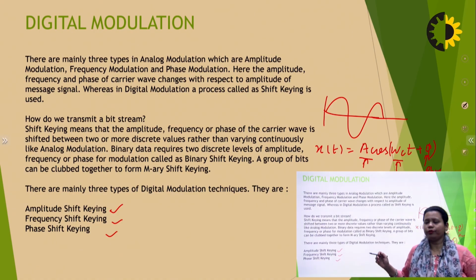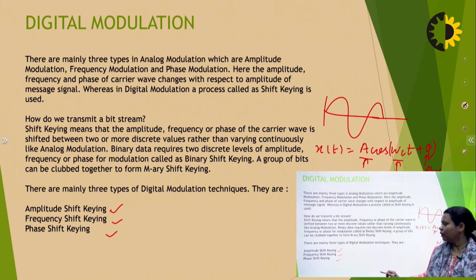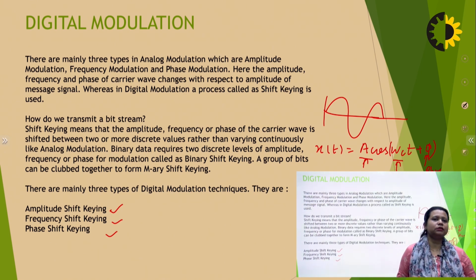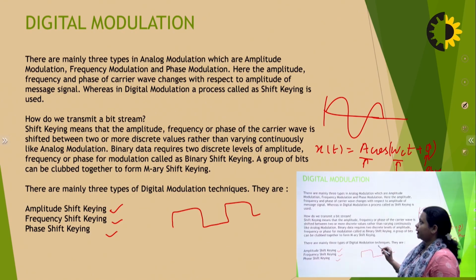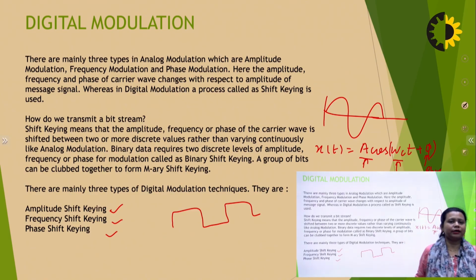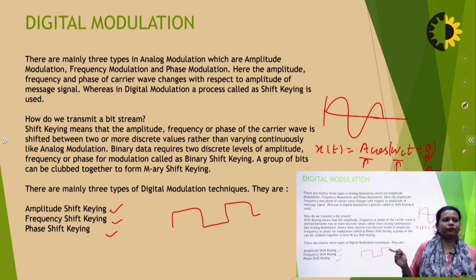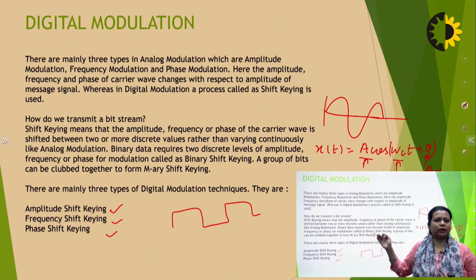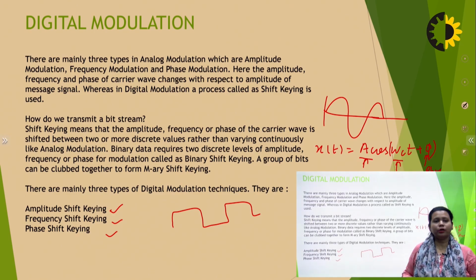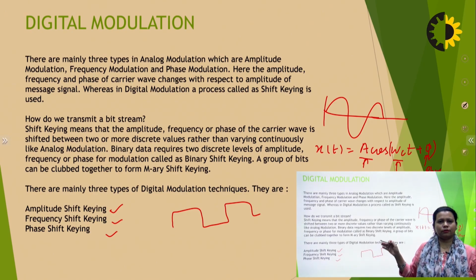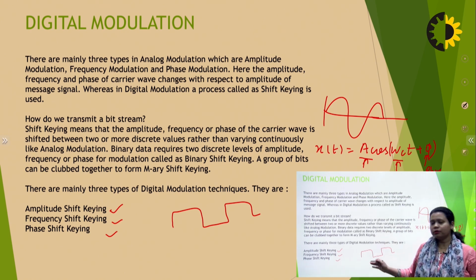Shift keying means that the signal is digital, since it is a digital modulation technique. If your message signal is purely analog, then it is amplitude modulation, frequency modulation and phase modulation, which you must have studied in your communication system course in second year.